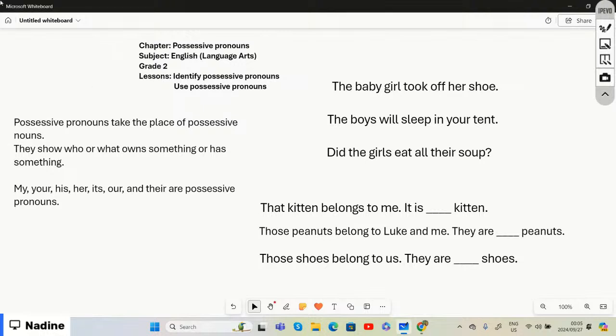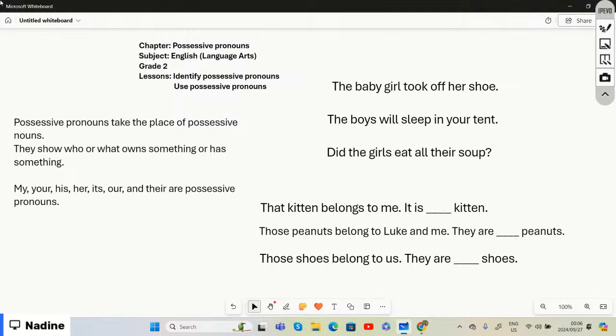All right, so in our previous lesson, we spoke about personal pronouns, right? So now we'll be doing possessive pronouns. And a pronoun, firstly, takes the place of a noun. And in this case, possessive pronouns take the place of a possessive noun. That's a possessive pronoun.